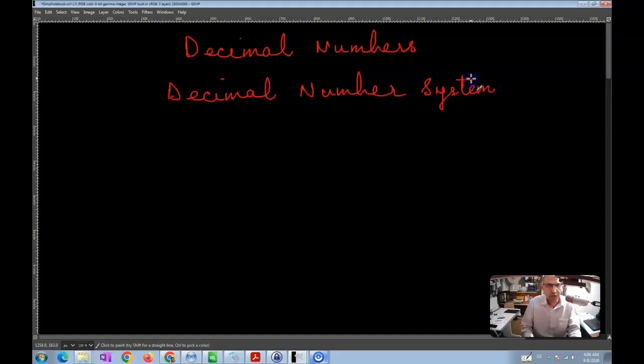These two things are completely different, meaning that decimal numbers are one type of number in the decimal number system.